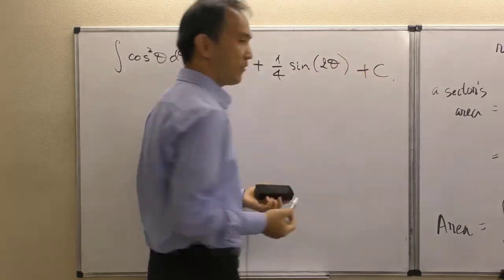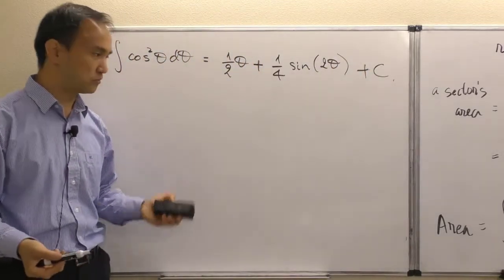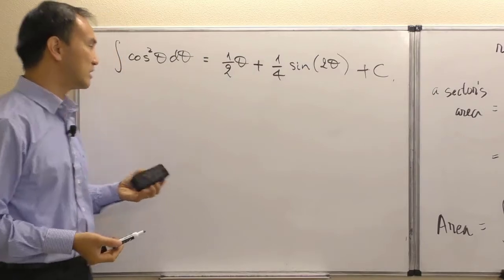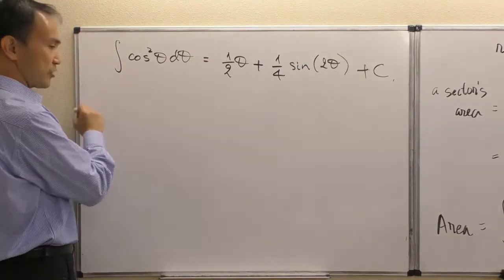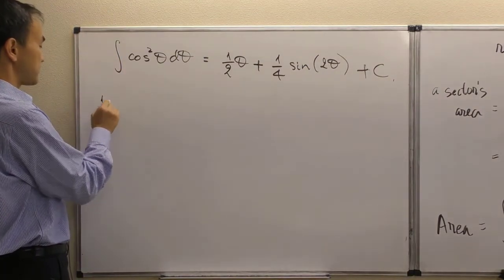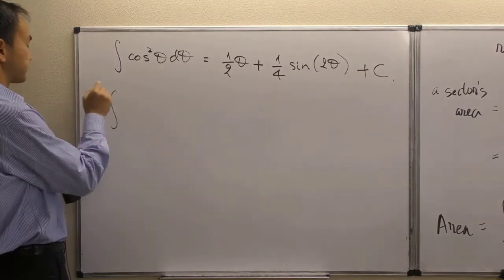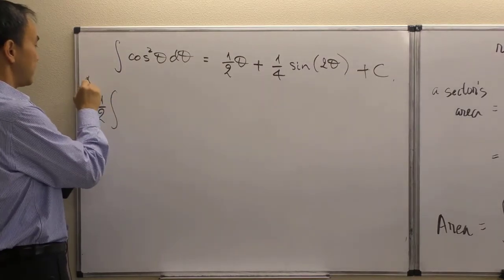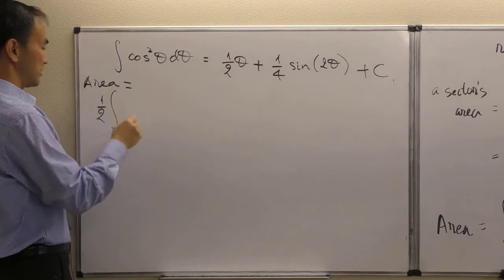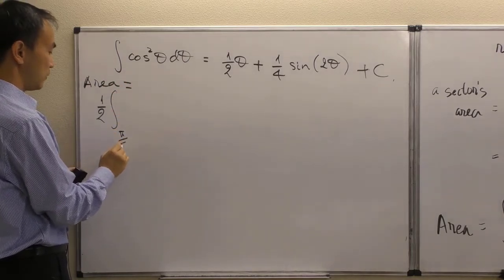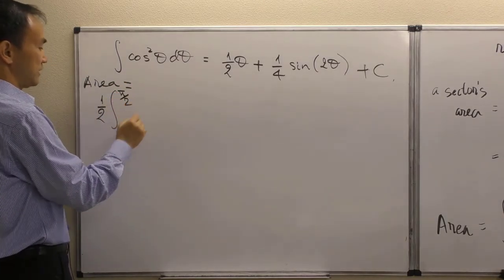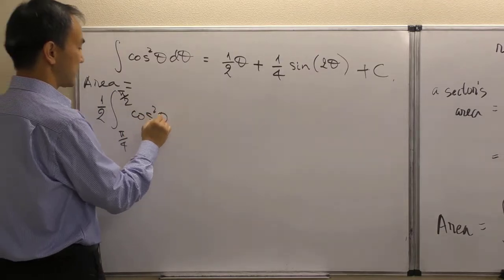All right, so we have all the elements that we need in order to start out with the fundamental theorem of calculus. Our actual problem here is that the area equals 1/2 the integral from pi over 4 to pi over 2 of cosine squared theta d theta.